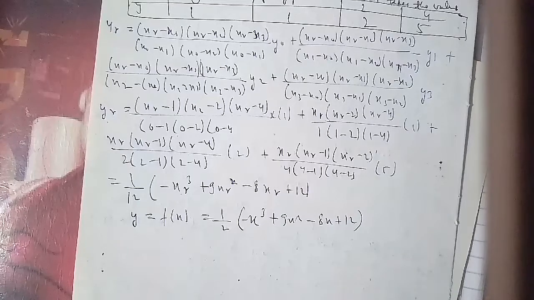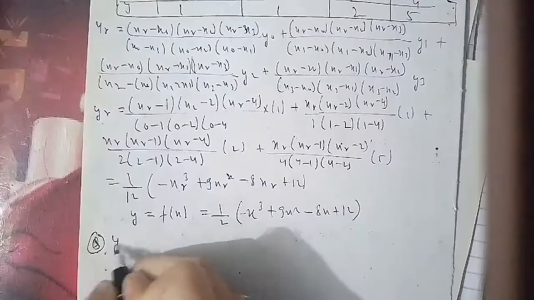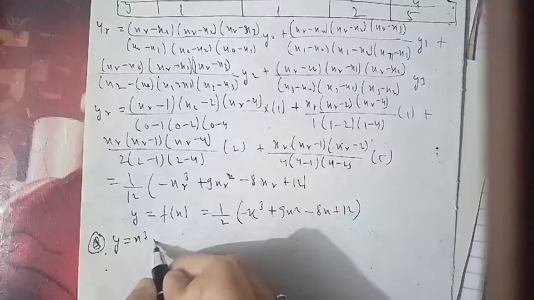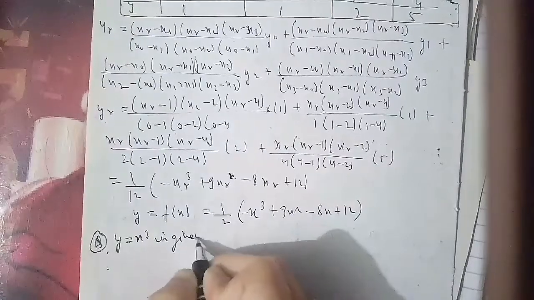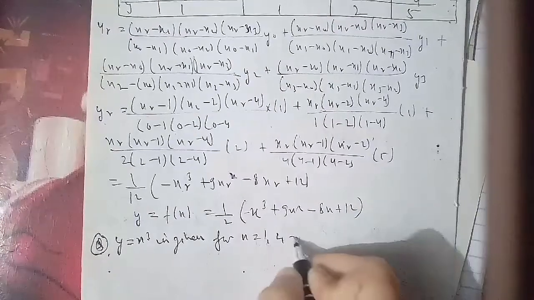y equals x cube is given for x equals 1, 2 till 5. Use Lagrange's formula to obtain x at y equals 3.375.